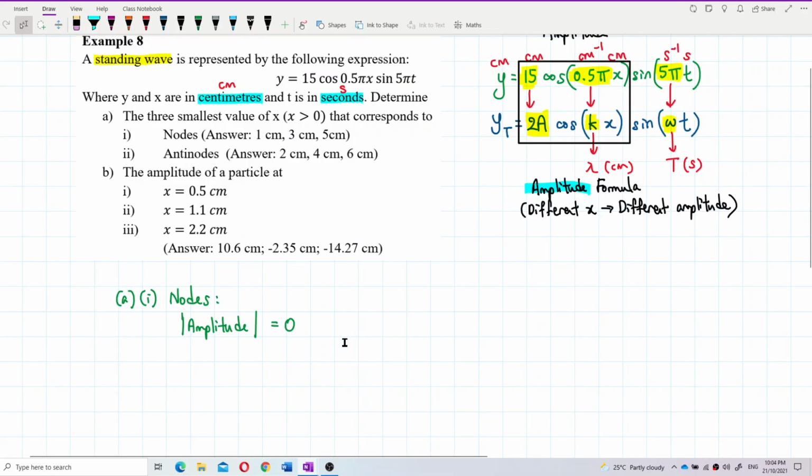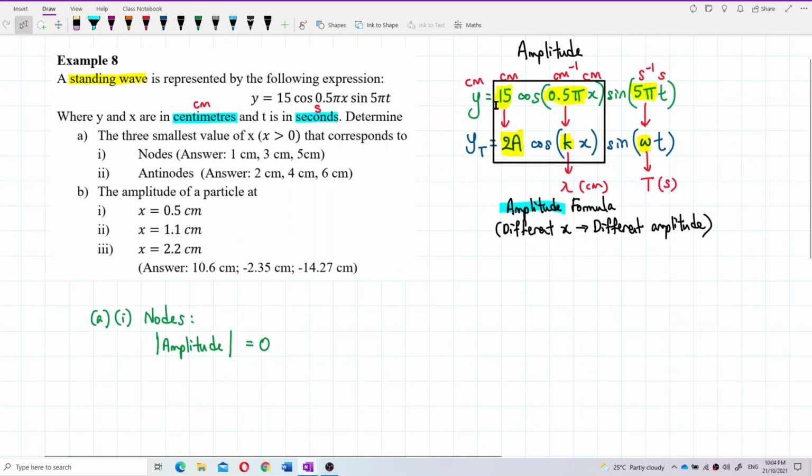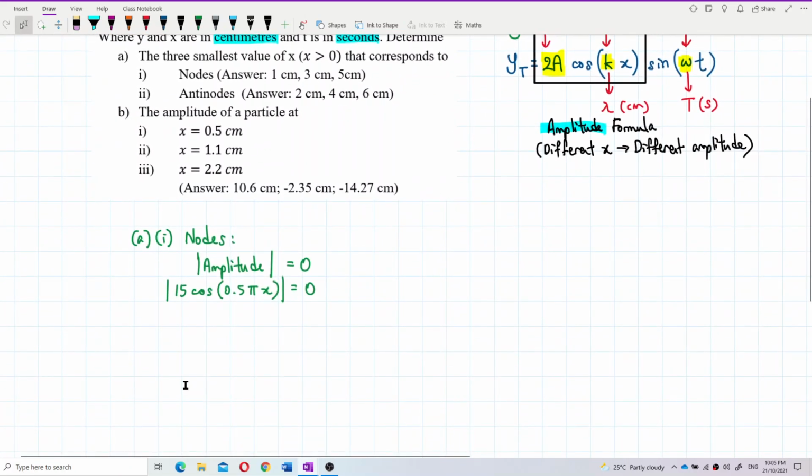So the amplitude formula is, just rewrite that, 15 cosine 0.5 pi x, modulus, equal to 0. So from here we can find the x. Remove the modulus.